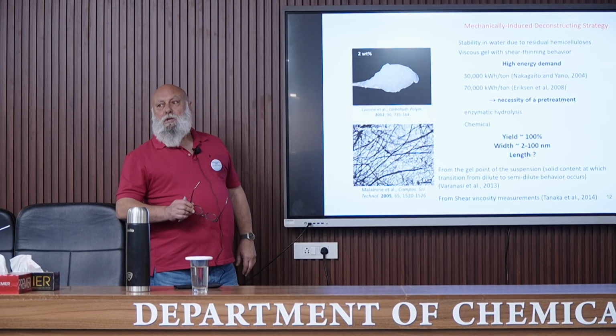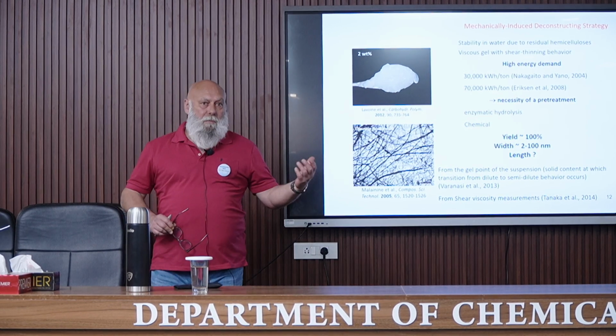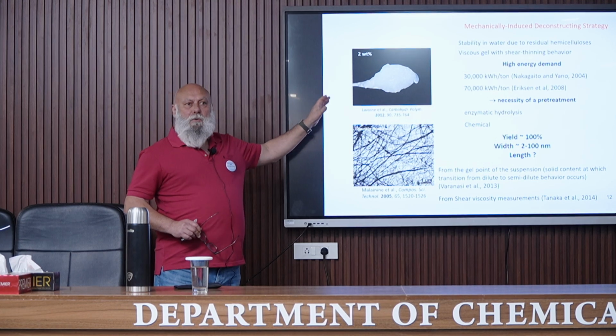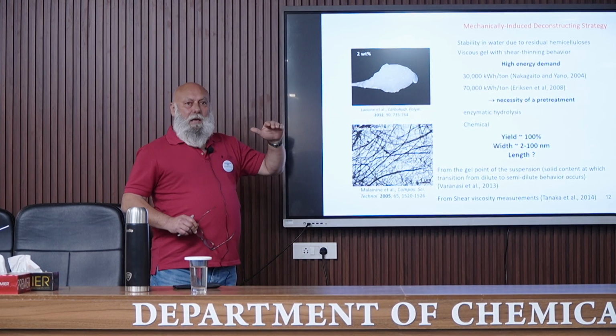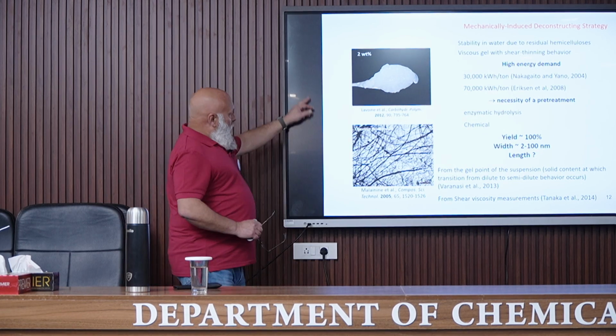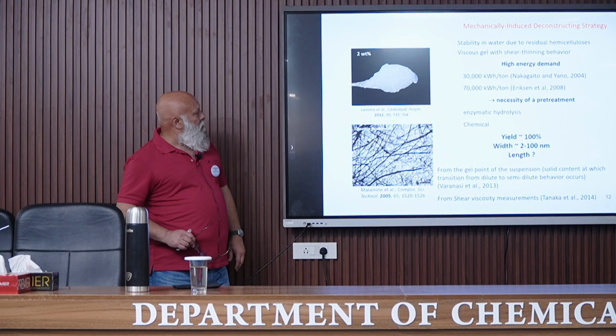And this suspension is stable. In the case of this mechanical treatment, the stability comes from residual hemicellulose at the surface of the nanoparticles. If we get closer, we see the aspect of this gel.